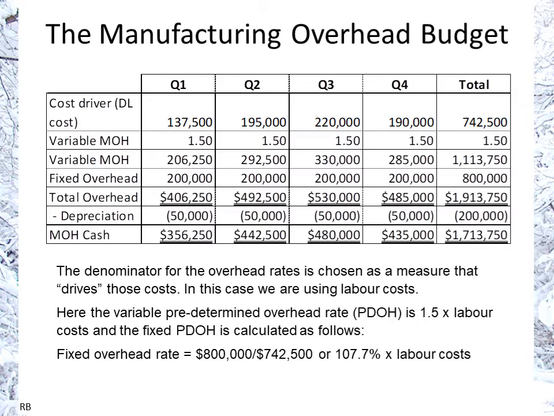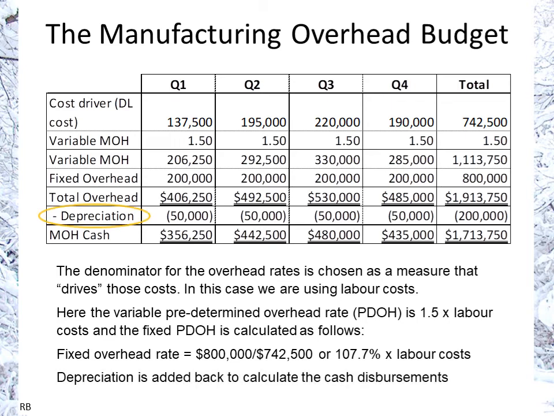Calculating it that way, we have our variable manufacturing overhead and our fixed manufacturing overhead, which gives us our total. And that's the total overhead that goes into our income statement. We also have to consider the depreciation, which is added back to calculate the cash disbursements that go into our cash budget.